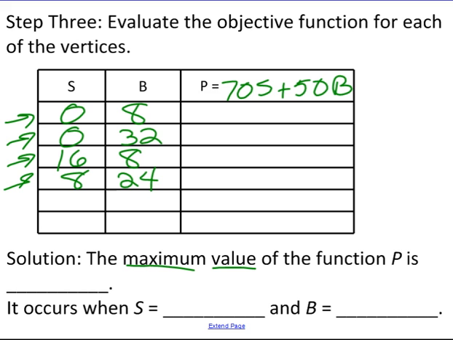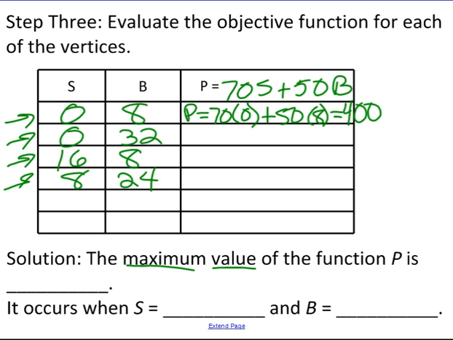So I'm going to take 0. So p is equal to 70 times 0 plus 50 times 8. And what does that give me? It gives me 400. So this will give me a profit of $400.